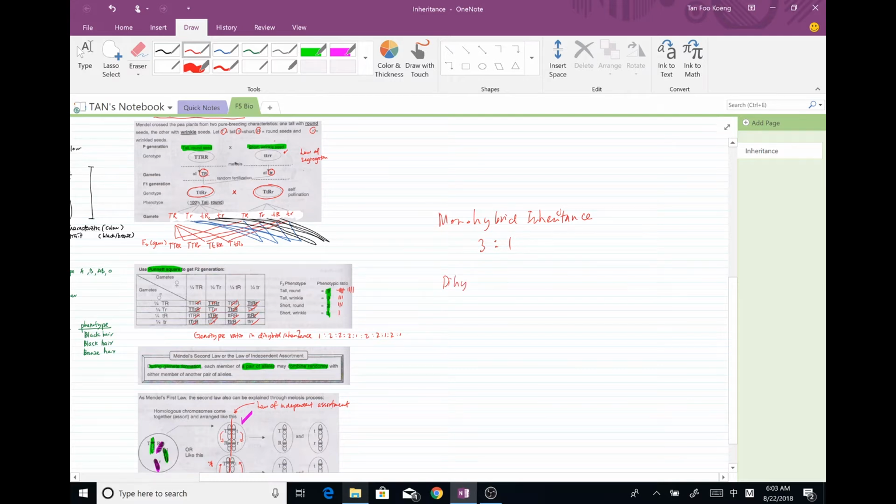In dihybrid inheritance, the phenotypic ratio is 9:3:3:1. 9 out of 16 are having the dominant traits only. 1 out of 16 are having the recessive traits only. While the 3 and the other 3 are just a combination of dominant trait and recessive trait.